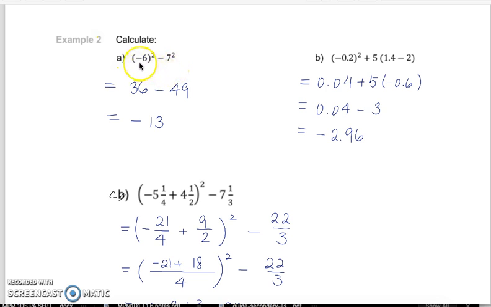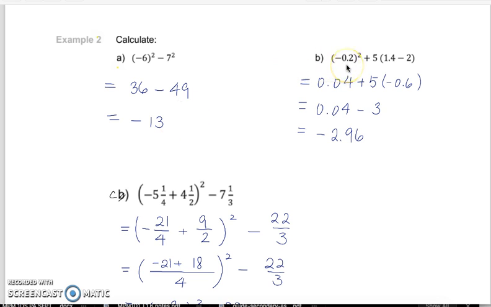Well, a negative number to an even power will work out to a positive number. 6 squared is 36. Minus 7 squared is 49. So 36 take away 49 gives us -13.